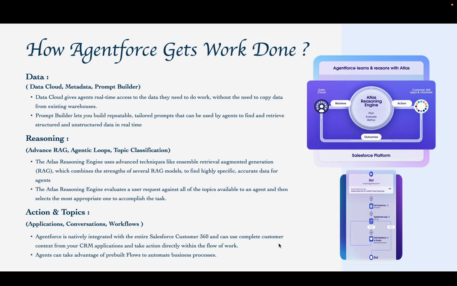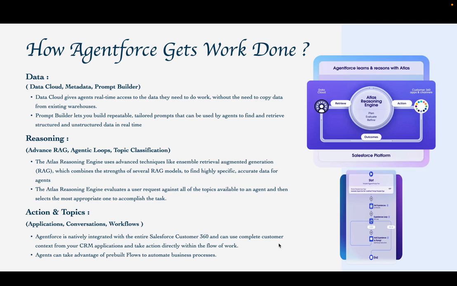Now the second part is reasoning. This is the brain behind every agent. The reasoning engine enables agents to think deeply, understand the human intent, and then take actions accordingly within the conversation. And this is done using advanced RAG, agentic loops, and topic classification.